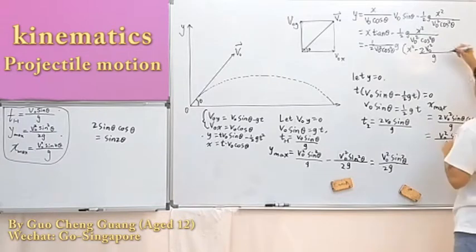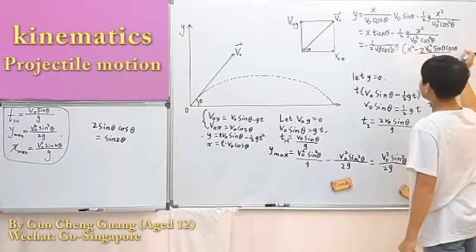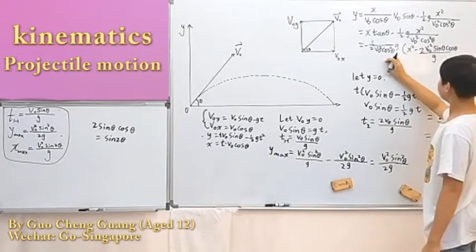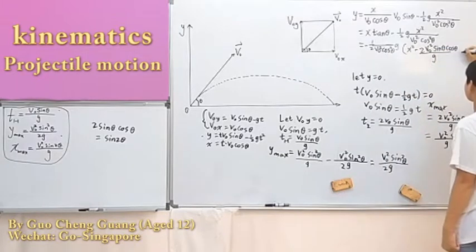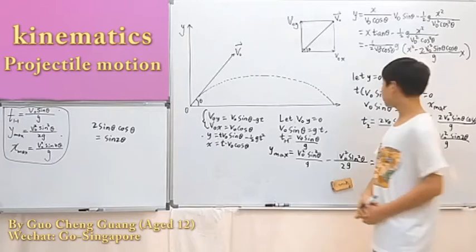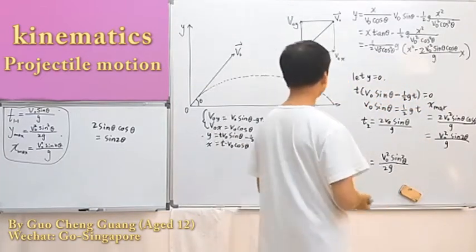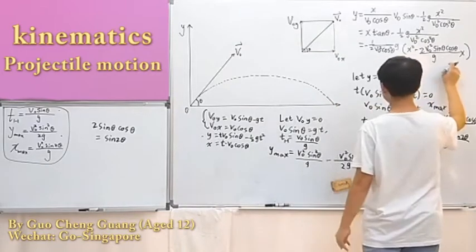Tangent is sine over cosine. That means you have sine and a cosine here. You have these parts already, then x. So this part is what you will get here.